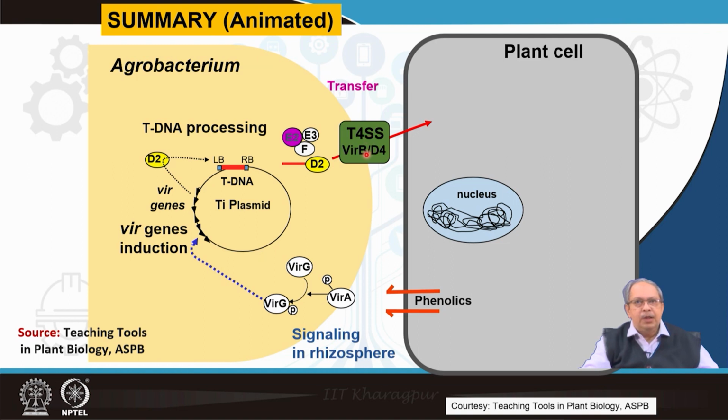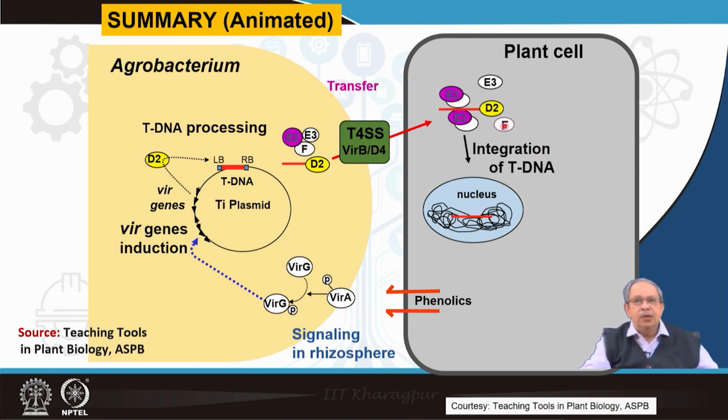T4SS is basically forming that pipe-like structure through which the tDNA with D2 and E2 attached moves out and enters into the plant.